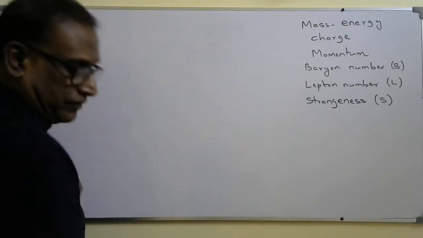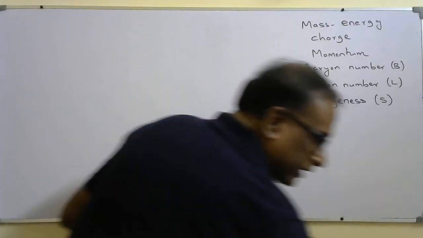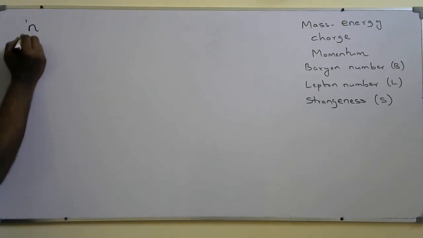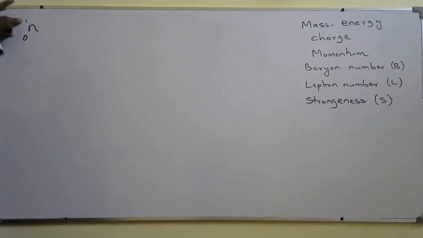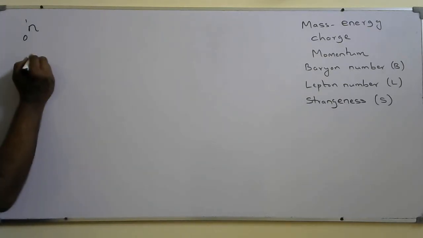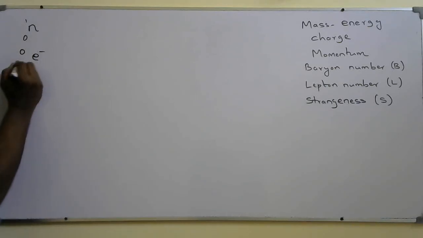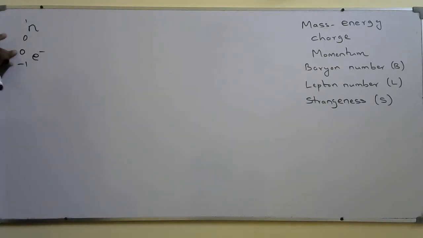For example, a neutron is denoted as n with 1 and 0. The 1 indicates the baryon number of the neutron, and the 0 indicates the charge, not the atomic number. This is the notation for the neutron. The electron is e with 0 and -1: the 0 indicates the baryon number of the electron is 0, and -1 indicates the charge.